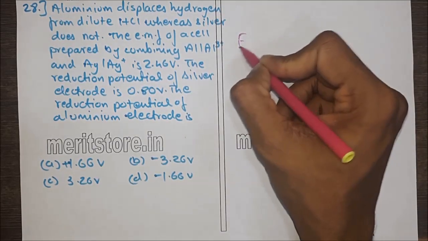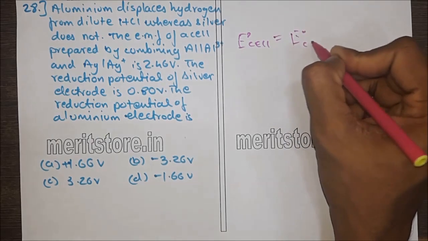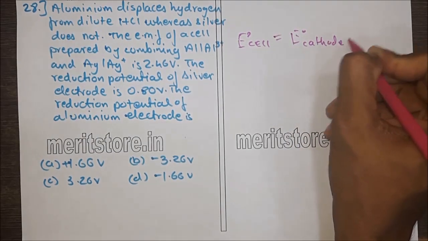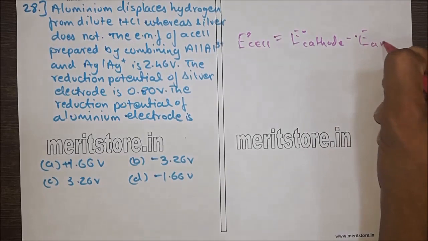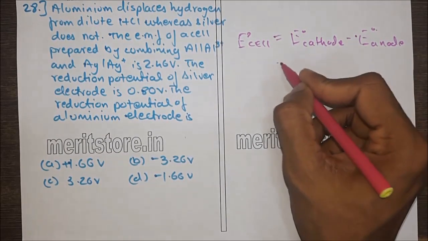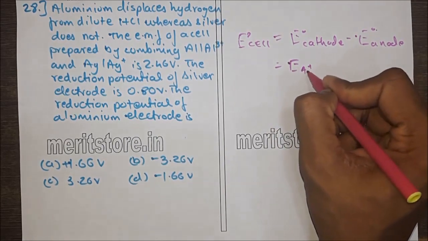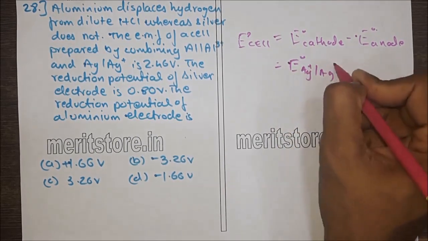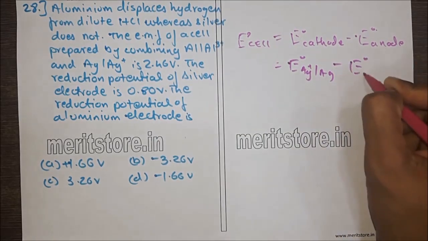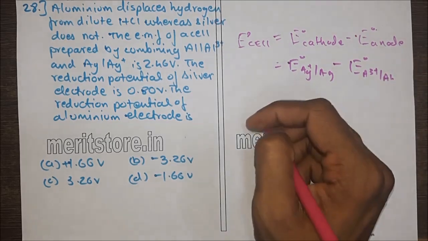Therefore, E0 cell is equal to cathode minus anode, which is Ag minus Al3+/Al.